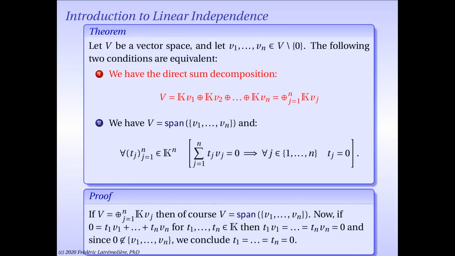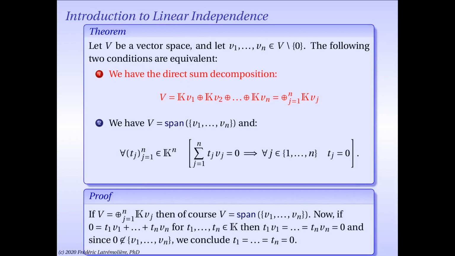Now let's look at this interesting condition here. Let's write 0 equals t1 v1 plus etc. plus tn vn for t1 etc. tn scalars. By the theorem about unique decomposition I just did in the previous slide, since I'm assuming that here my vector space is a direct sum of those spans, I can conclude that each term in that particular sum must be 0.